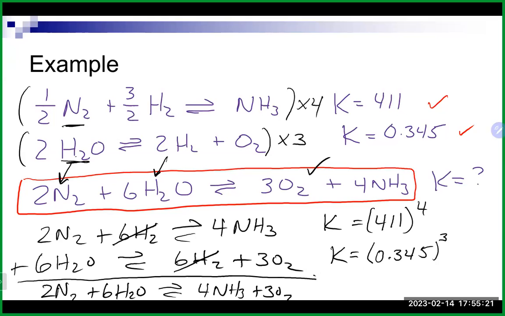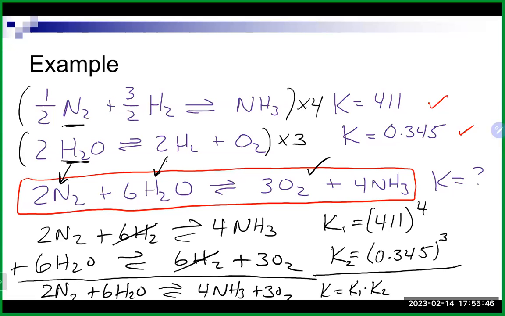Now, to figure out the K value for this guy, we're not going to add, but we are going to multiply our adjusted K values together. That would give me 411 to the 4th power times 0.345 cubed.